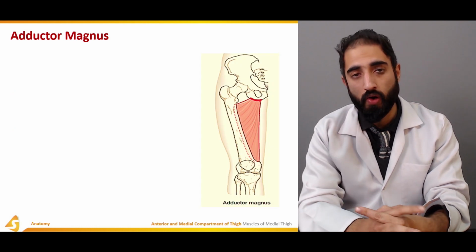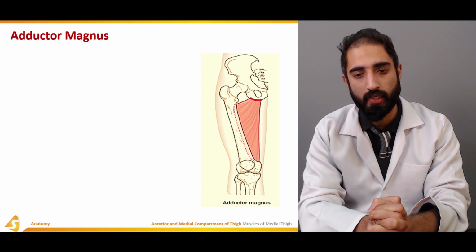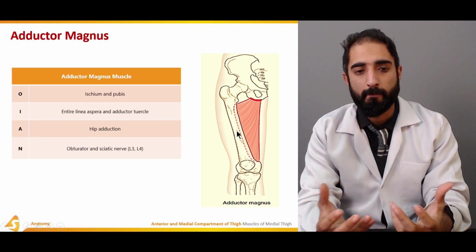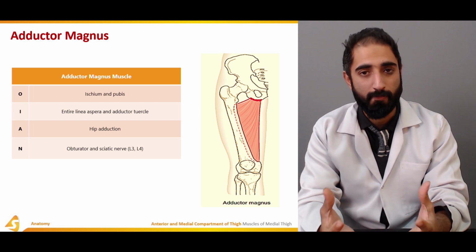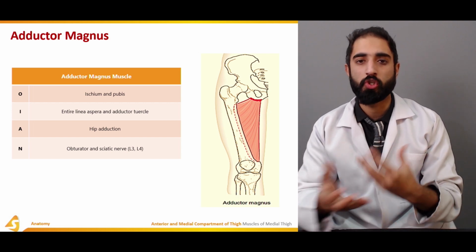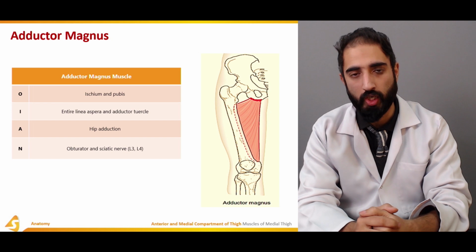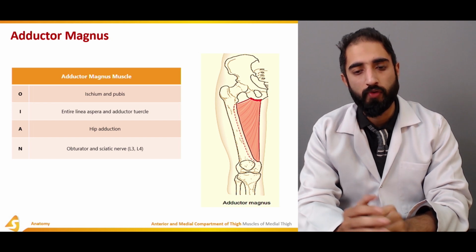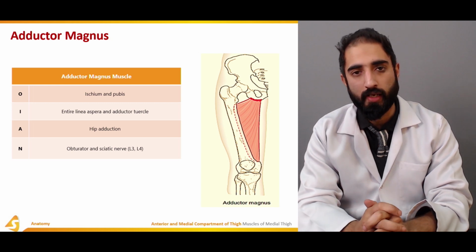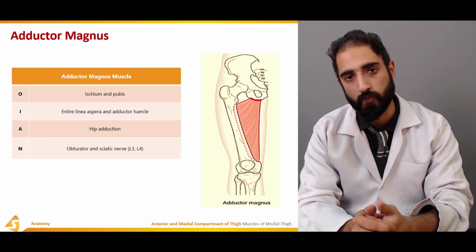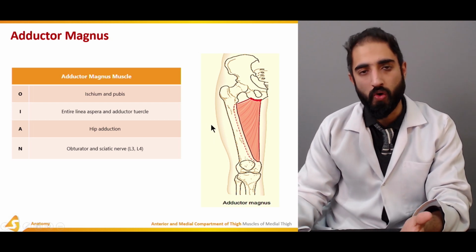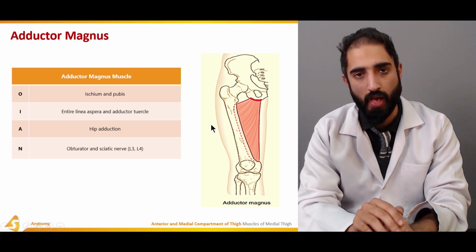And the largest of the adductor group is the adductor magnus, as you can see in this picture here. The adductor magnus is a bigger muscle, so it has a bigger attachment site. Its proximal attachment includes both ischium and pubis, especially their inferior parts. If you talk about the distal attachment site or the insertion of the adductor magnus, we have the entire linea aspera as well as the adductor tubercle, and the adductor tubercle gets its name because of the insertion of the adductor magnus.